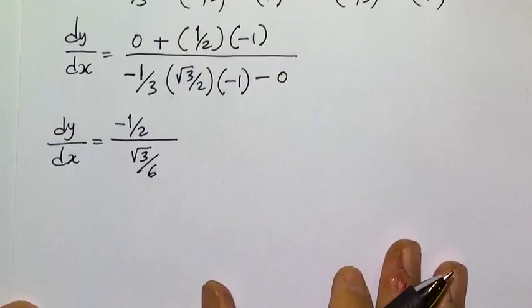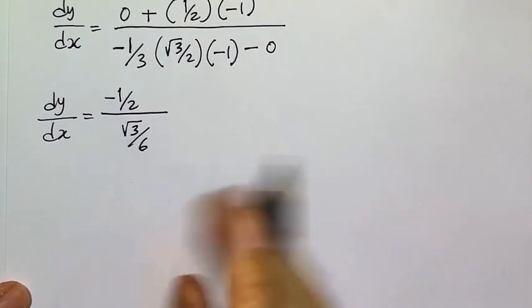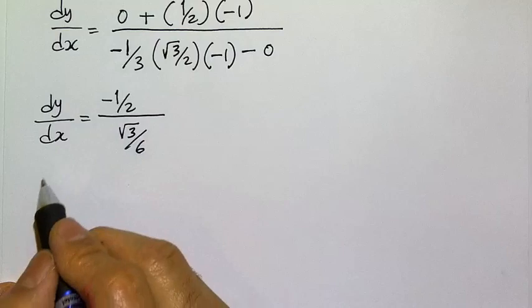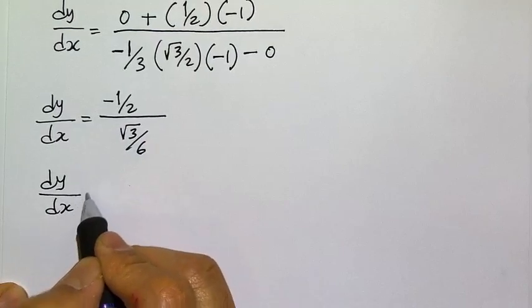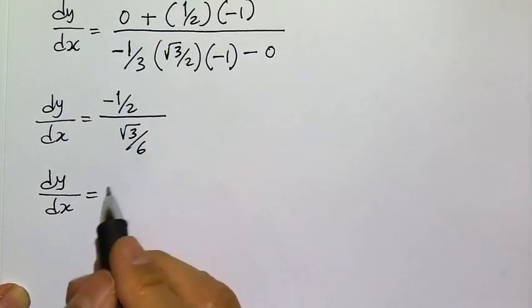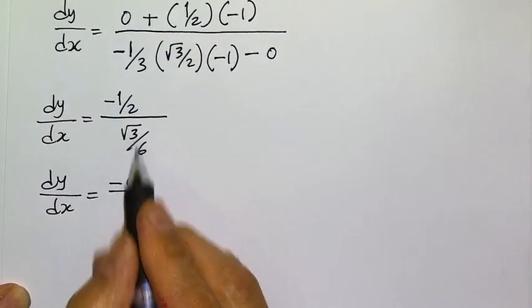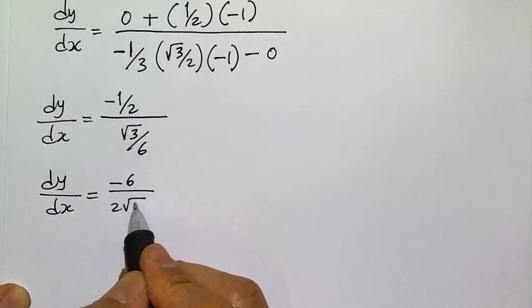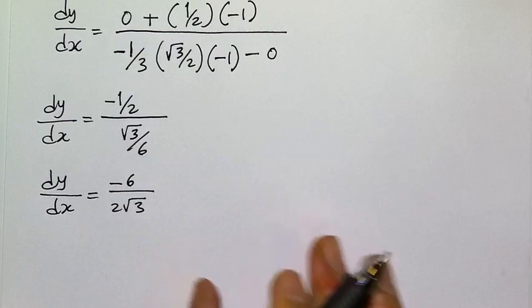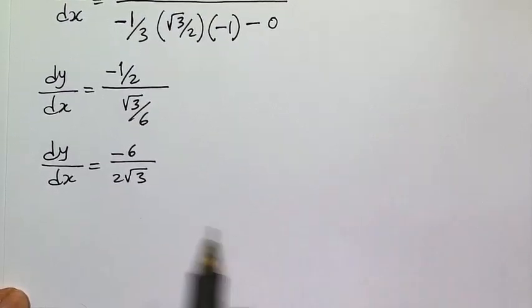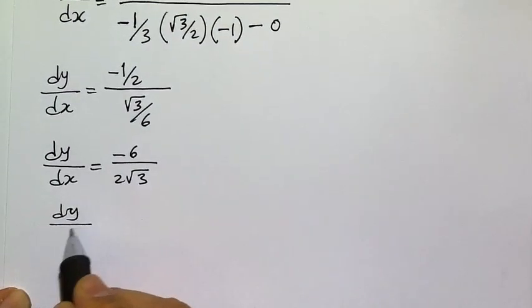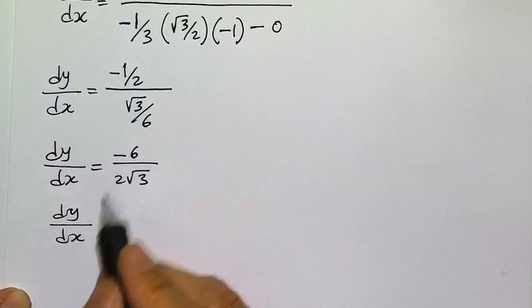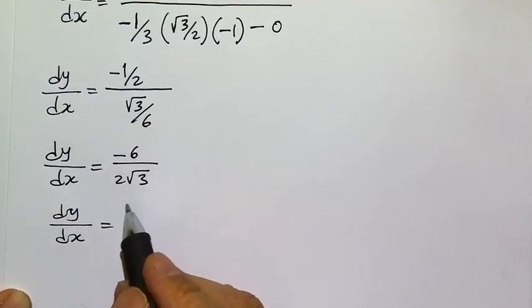We have this complex fraction. We can simplify this. So we end up with minus 6 divided by 2 square root of 3. And then next we will get minus 3 over square root of 3.